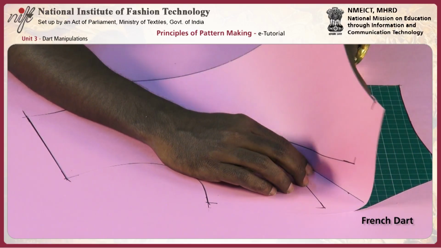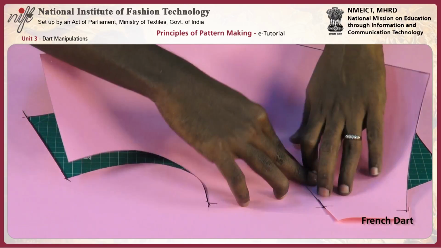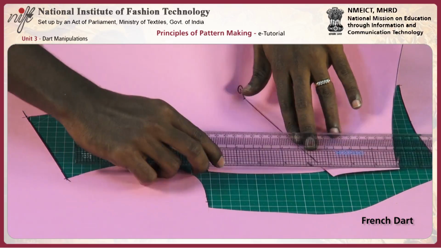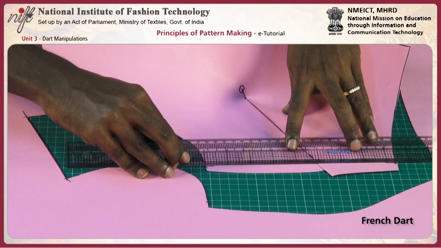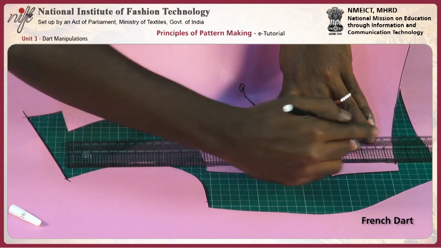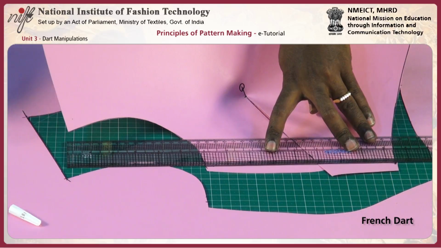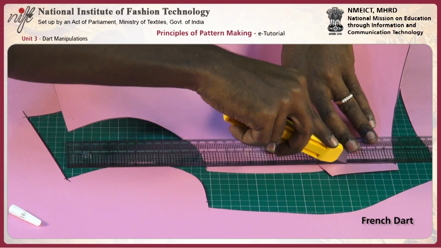Cup the pattern. Then connect as a straight line and through the side seam.